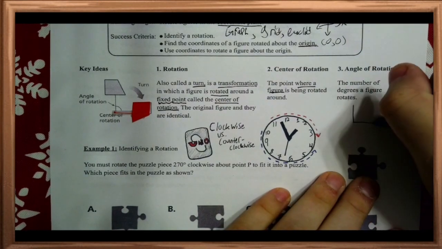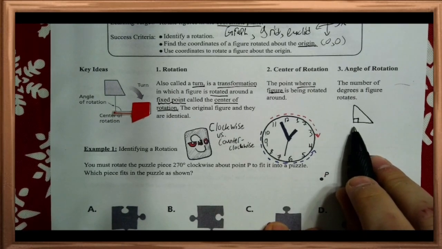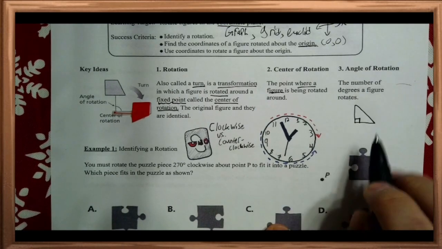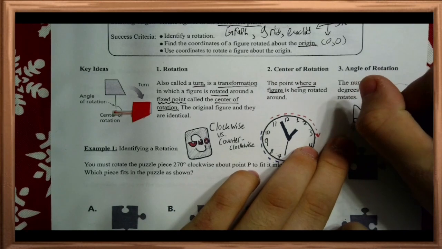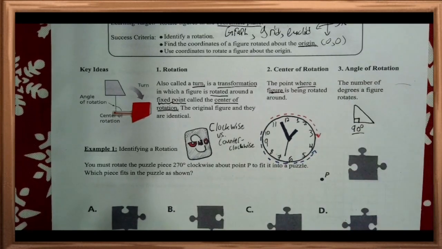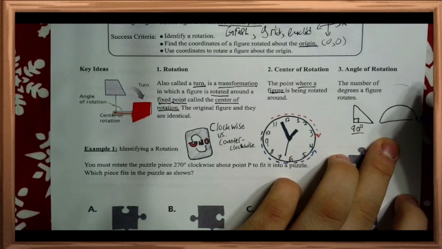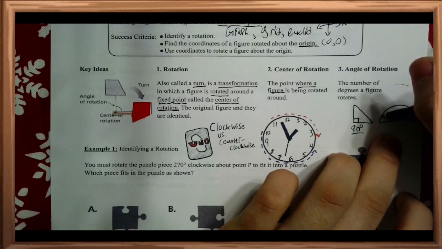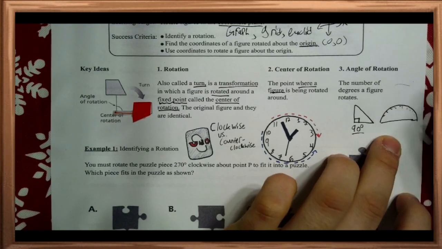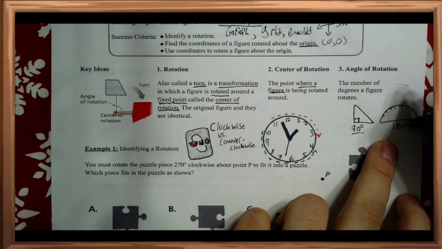Well, here's a triangle, and I'm just going to put a little angle in there. Remember, a right angle is the same thing as 90 degrees. And if you ever use one of those protractors, where it has all the different numbers, a protractor is 180 degrees.